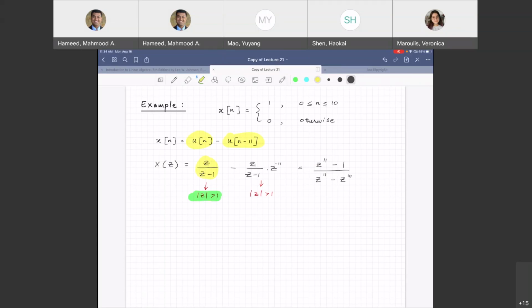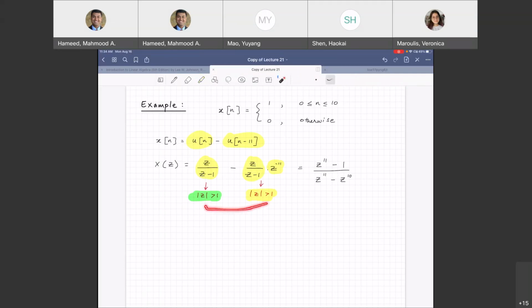So that would give you the z transform of u of n, z divided by z minus 1, multiplied by z to the negative 11. You can leave that as is. Over here, the ROC is still magnitude of z greater than 1. Now, notice we didn't subtract a 0, right? Because it was already not there in the original one. So why talk about it?